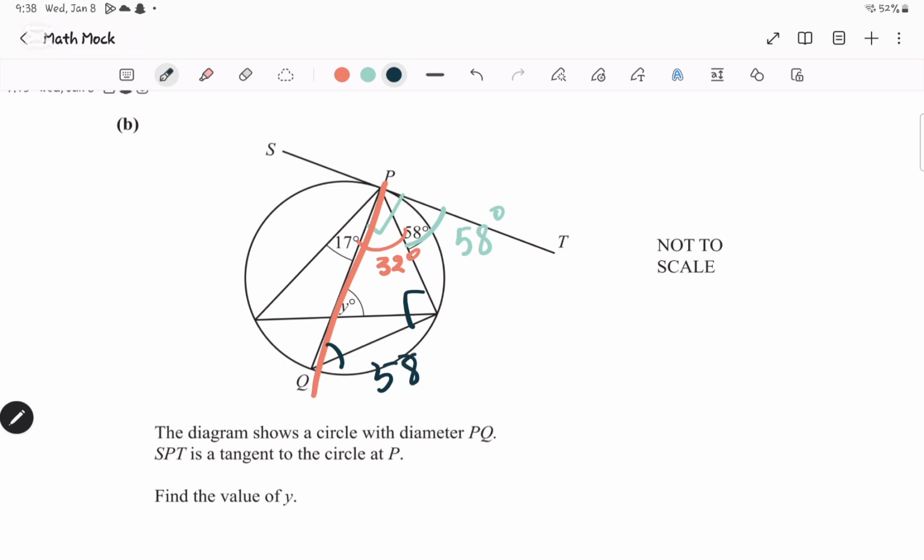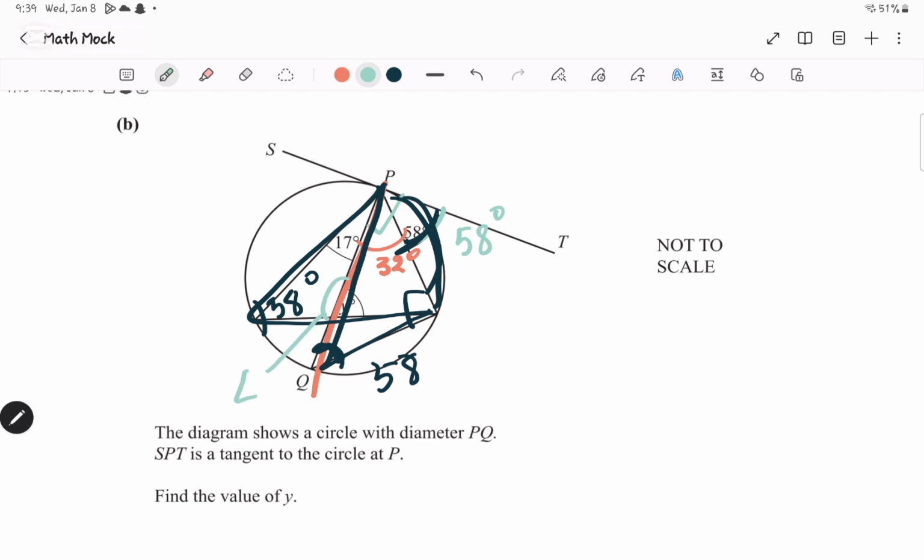We can apply that, or we can apply the exterior rule. This angle over here is equal to this angle over here, not necessarily because of the exterior rule, but because they are intercepting the same arc. And this angle as well is intercepting the very same arc, so that makes it 58 degrees. Now very simply we can find this angle over here by doing 180 minus 58 plus 17.